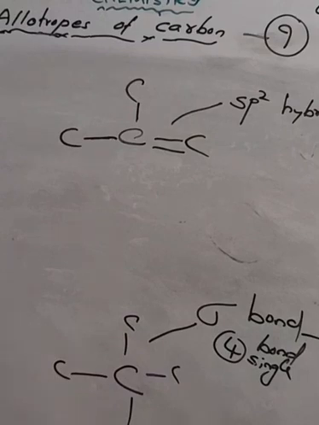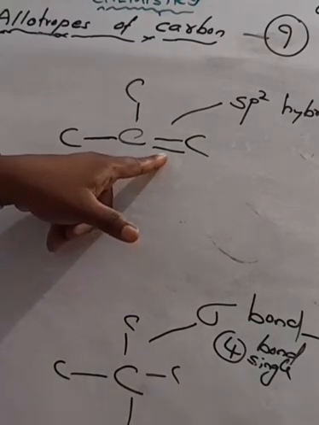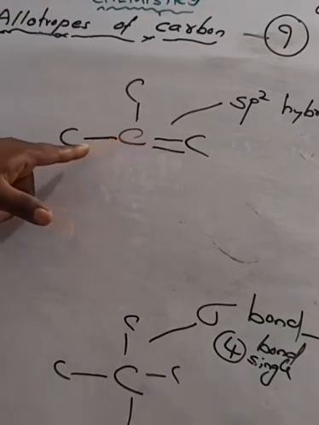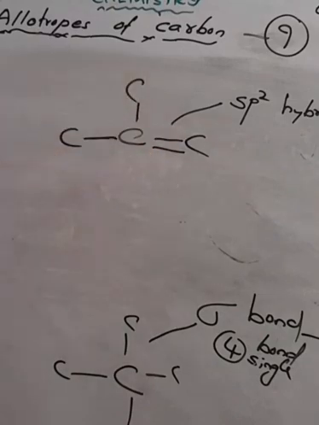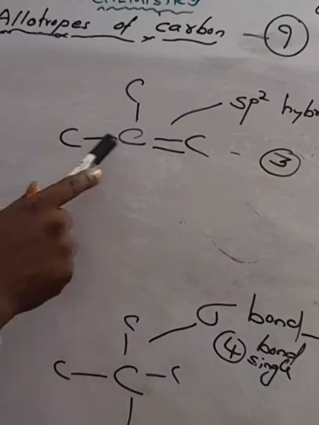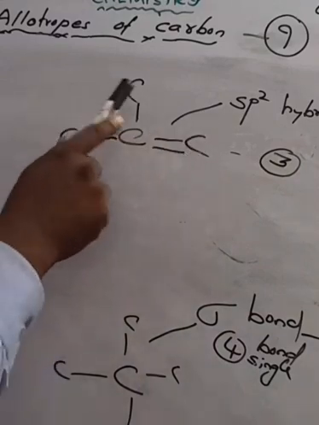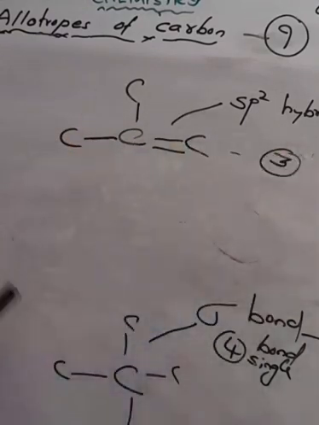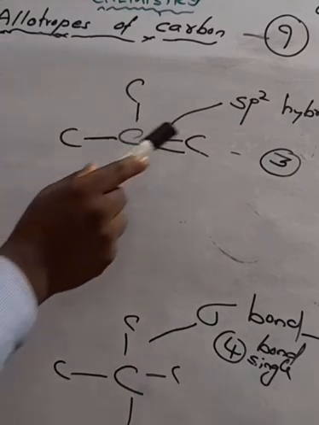Double bonds here mean each carbon atom is surrounded by 3 different carbon atoms. One carbon atom is surrounded by 3 different atoms, so there must be one double bond, am I right? So this carbon has sp2 hybridization.